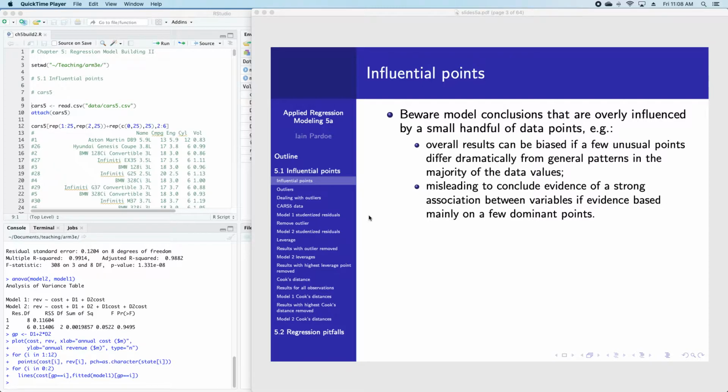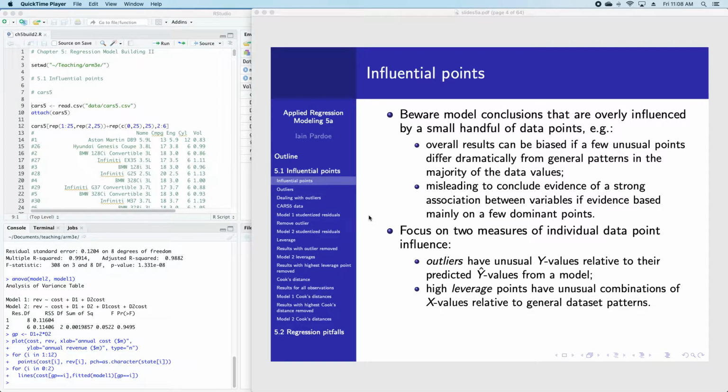For example, the overall results can be quite biased if there's a few unusual points in the dataset that differ dramatically from the general patterns in the majority of the data. And so it's clearly going to be misleading if we're concluding evidence of, say, a strong association between variables if that evidence is based solely on a few dominant points.